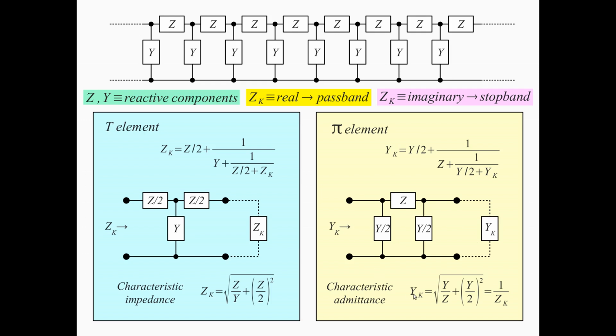Also, the characteristic admittance, which is 1 over the characteristic impedance, has a similar formula where when this one is large, we get a real Yk, and when this one is large, we get a purely imaginary Yk in the stopband. So it's the same.